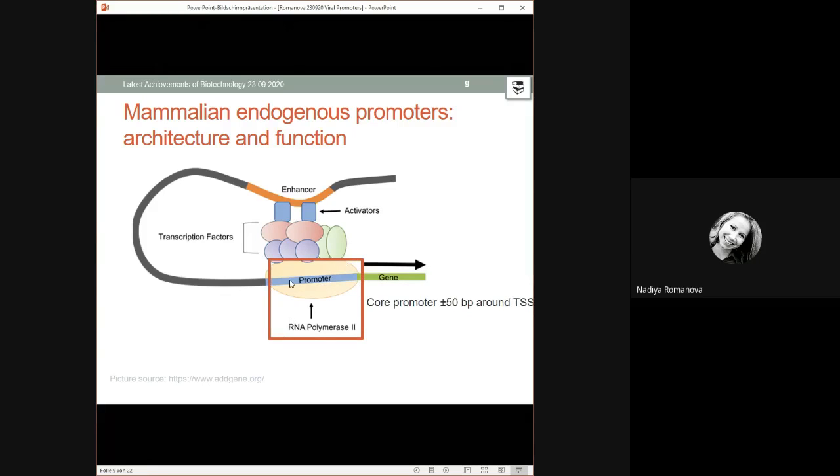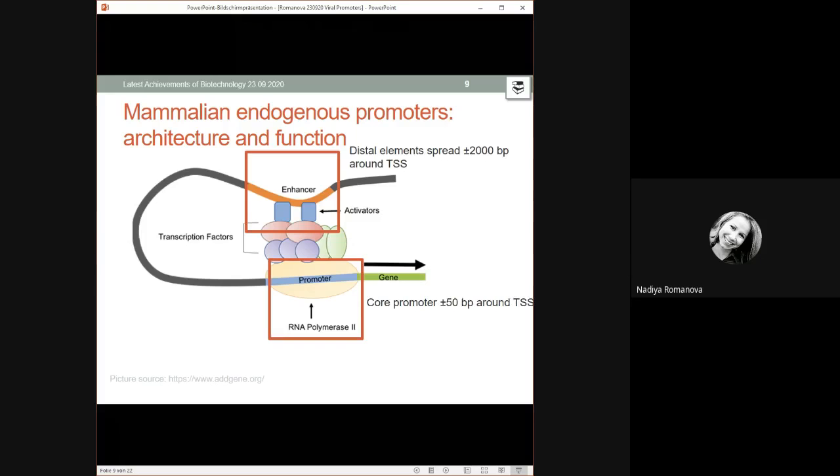Except for this part, we have even more complex structures. Here, the promoter is also being influenced, so the core promoter is also being influenced by the distal elements. These distal elements can be spread as far as 2,000 base pairs around the transcription start site.